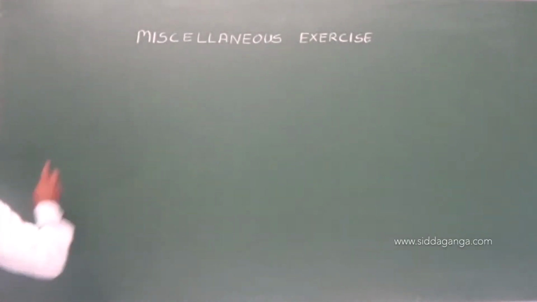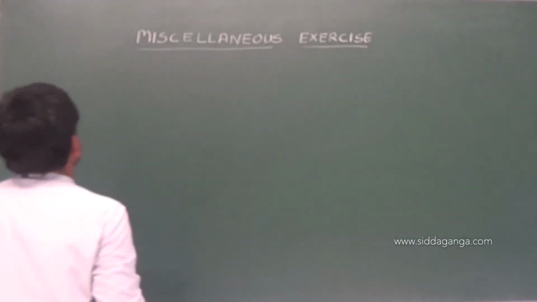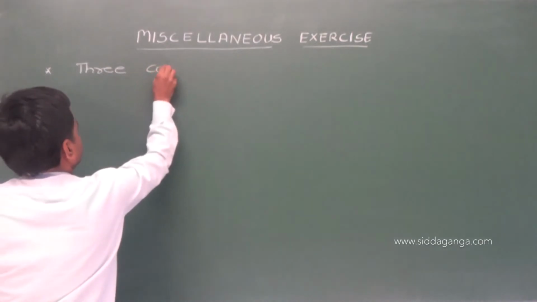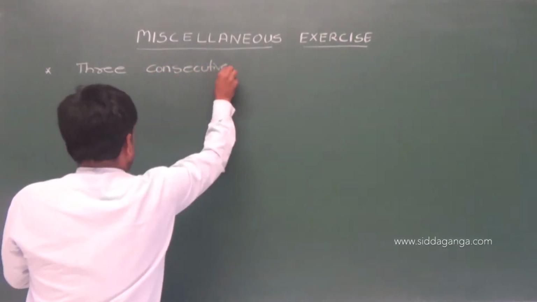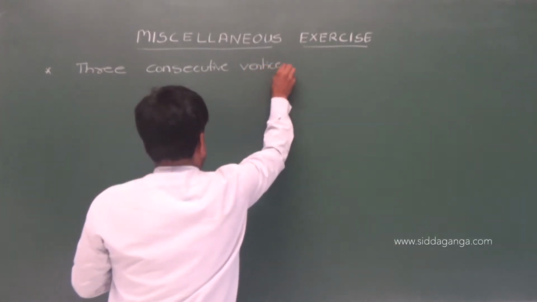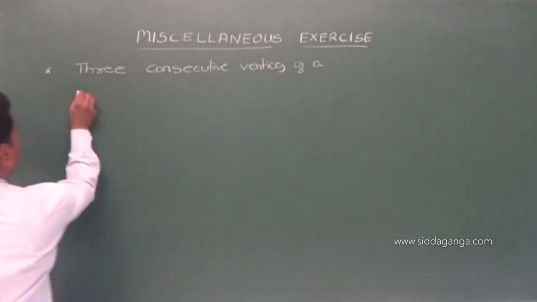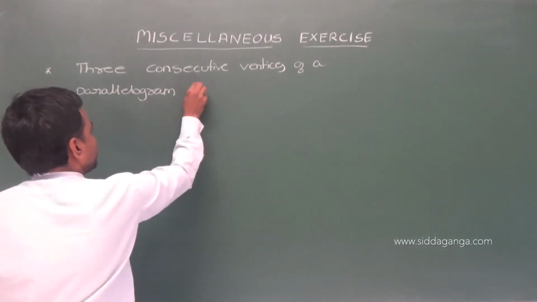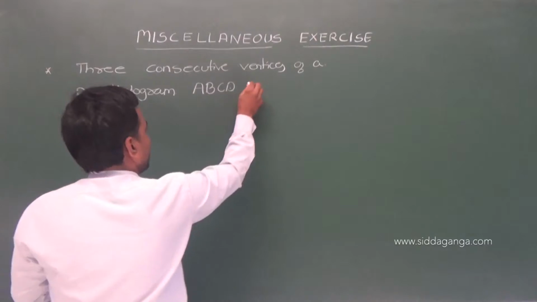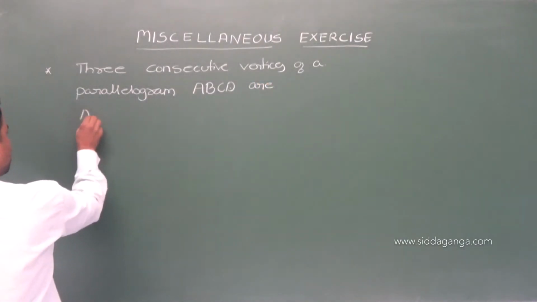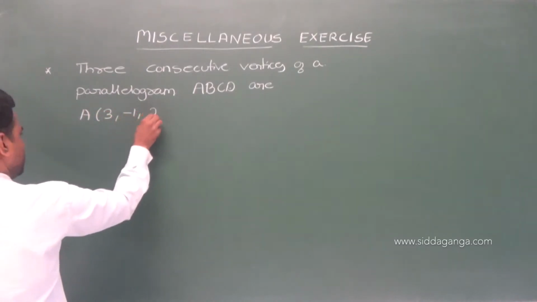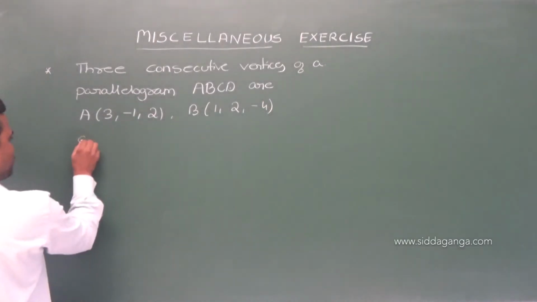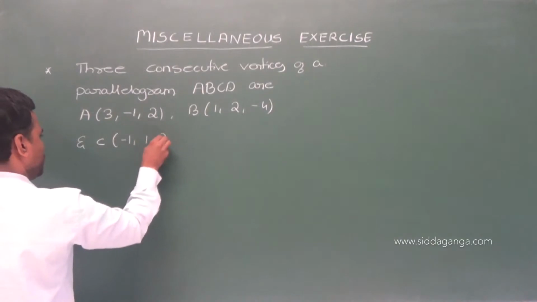The first problem is: three consecutive vertices of a parallelogram A, B, C, D are A of 3 minus 1 2, B of 1 2 minus 4, and C of minus 1 1 2.